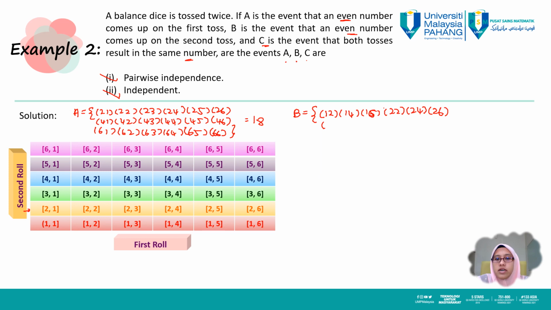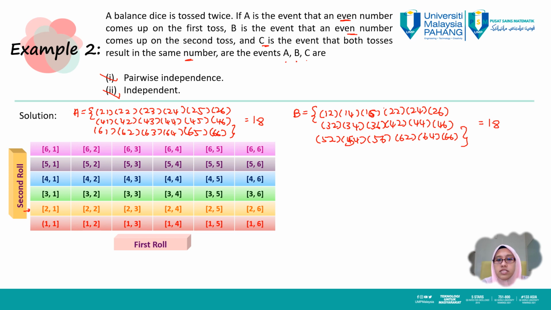Also, we have (3,2), (3,4), and (3,6). We have (4,2), (4,4), (4,6). The next one, we have (5,2), (5,4), (5,6), and lastly we have (6,2), (6,4), and also (6,6). So in total for event B, we have 18 also.